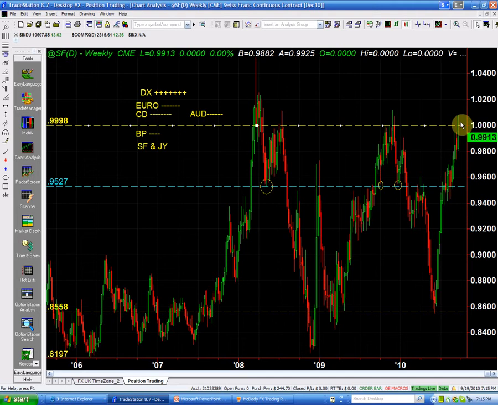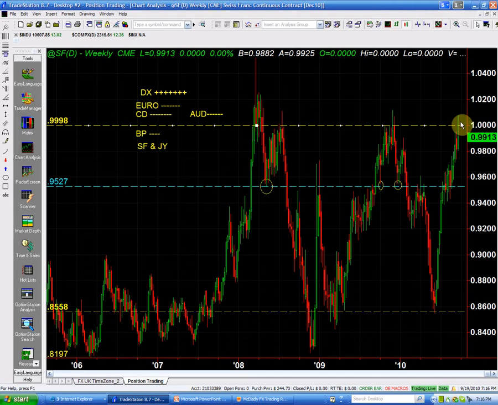What this says to us, guys, is this: we have a minor sell signal, as I told you, in the Japanese yen, and right here we have a sell signal in the Swiss franc below the 99.98, and these are the two currencies that are being subject to intervention.